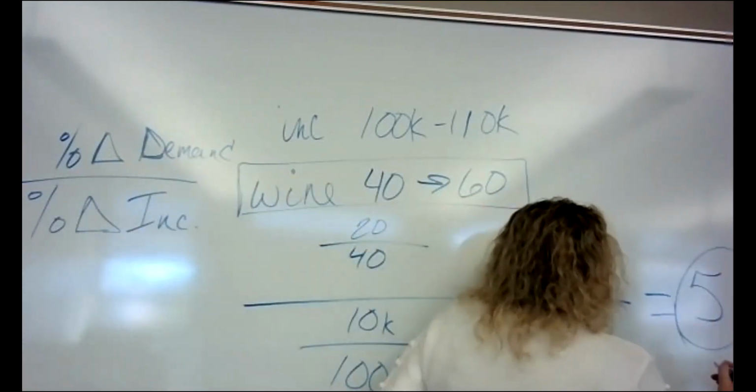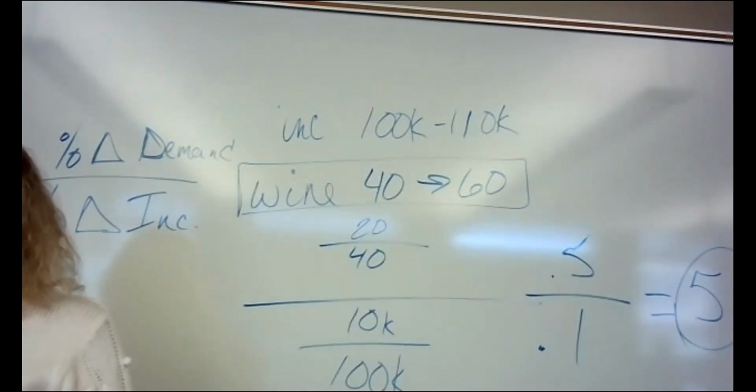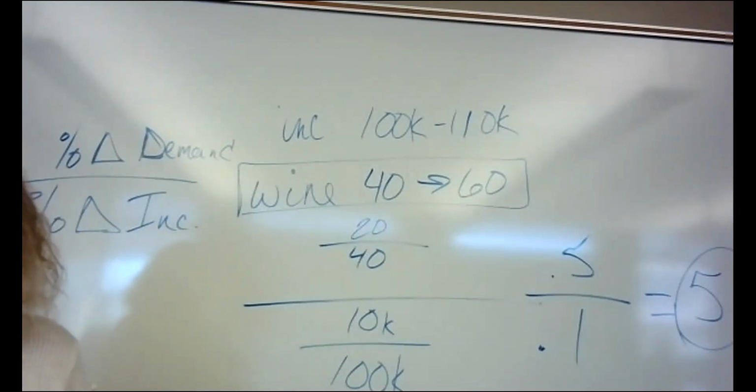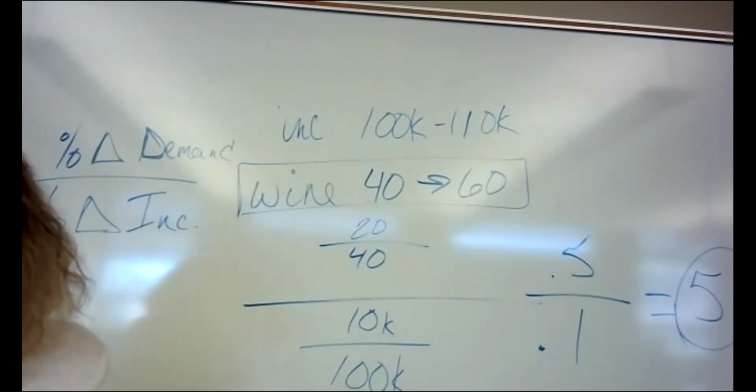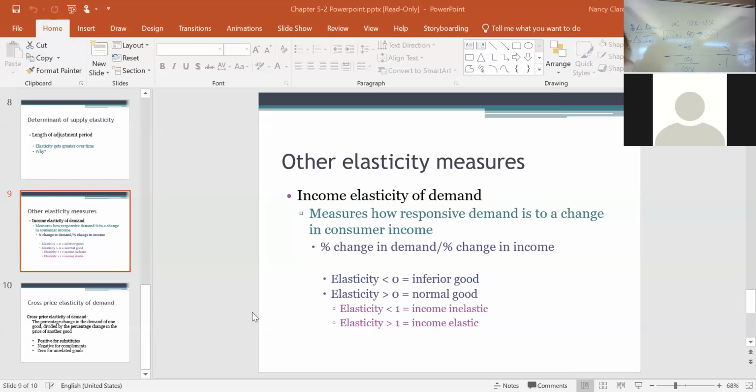Okay. So if we go back to our PowerPoint, we can see that any elasticity greater than 0 is going to indicate we have a normal good. So we have a 5.